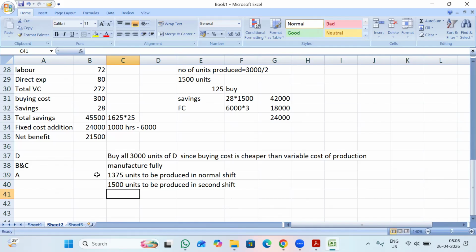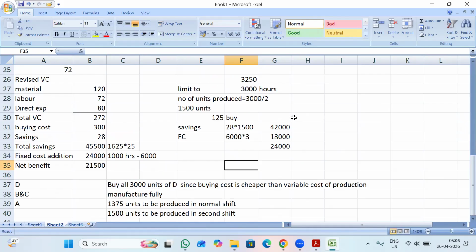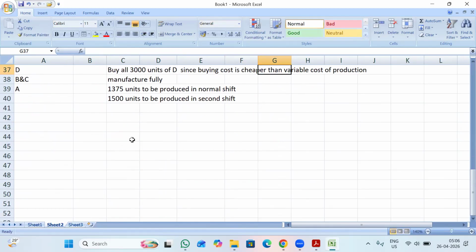So how many units are left? 1,675 minus 1,500, that means 175 units to be bought. So 175 units to buy from the market. So this is our recommendation.